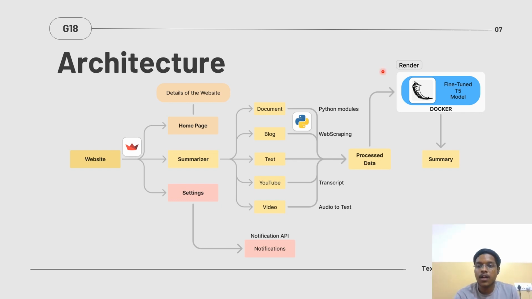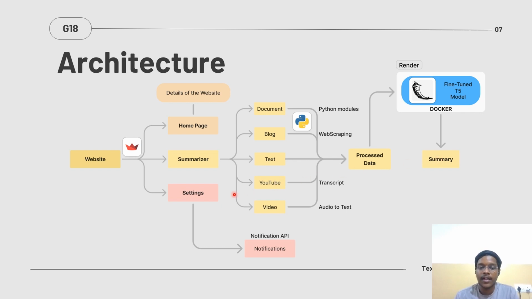So the model is deployed on a platform called Render using Flask API, the fine-tuned T5 model and the containerizing technique Docker. All these things will make the application efficient to use without wasting the user's time. And whenever the processed data is sent to the model on Render, we will get the summarized text in return, which will be displayed to the user.